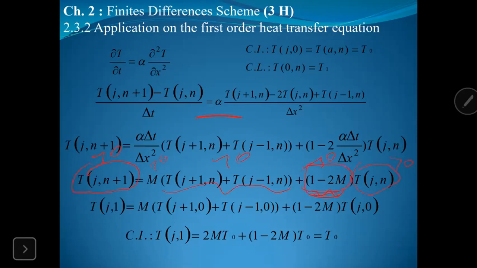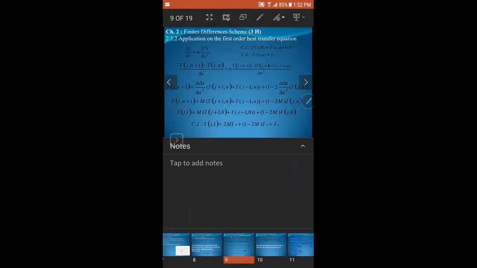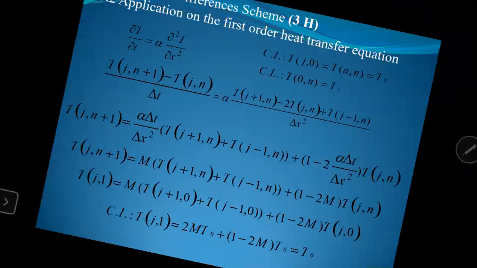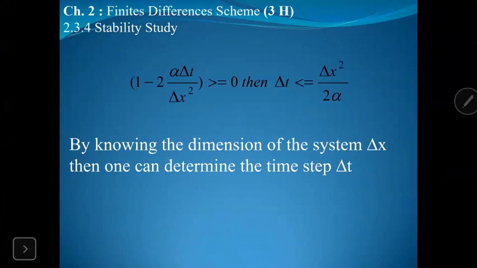Okay? Then we do the stability study. 1 minus 2m, yani 1 minus 2 alpha delta t over delta x square must be positive, bigger or equal to 0. Then delta t lower or equal to delta x square over 2 alpha.